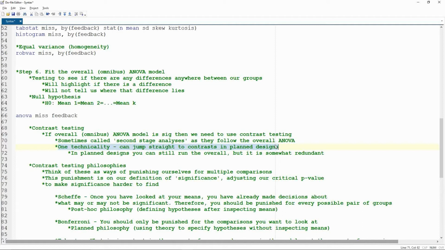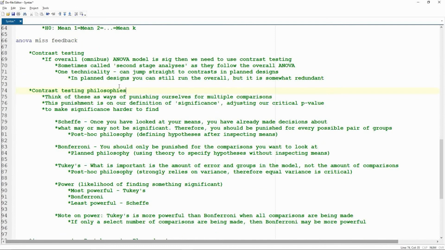So if you do have a hypothesis, you are perfectly justified in skipping the overall. However, you are also still justified in running it. You're more than welcome to, but it is a little bit redundant in that you run the ANOVA, it's non-significant, and you still have to test that hypothesis anyway. So it's up to you what you do.